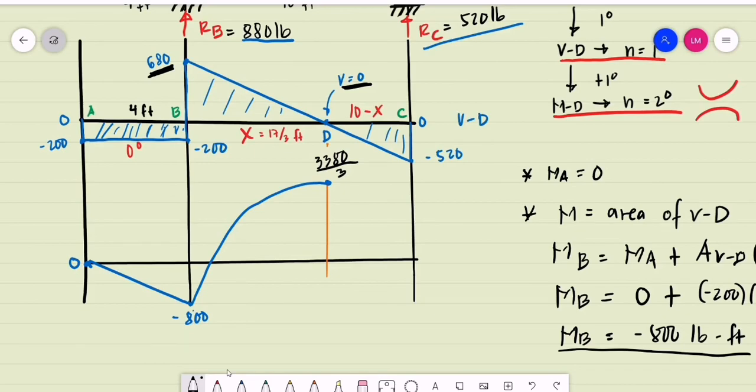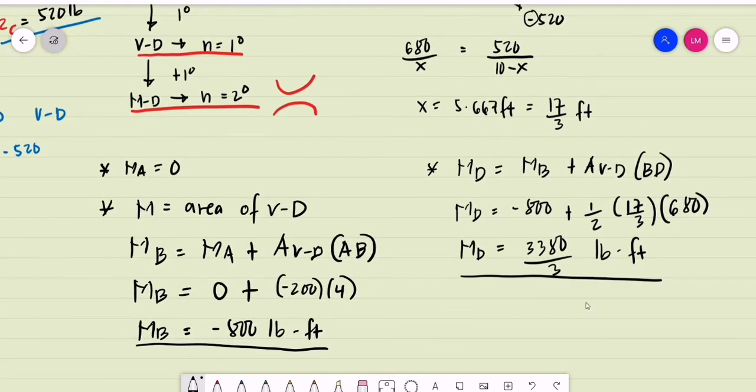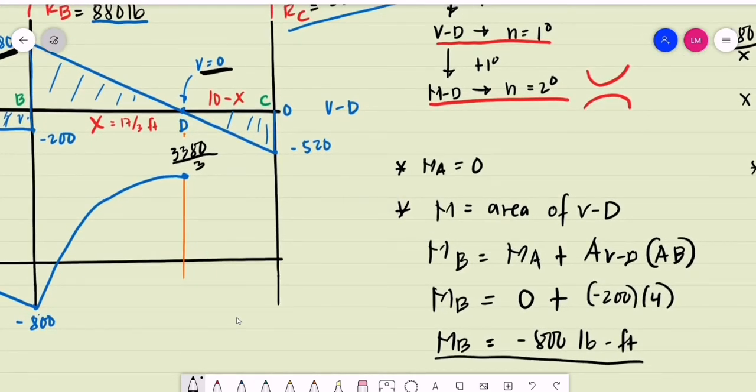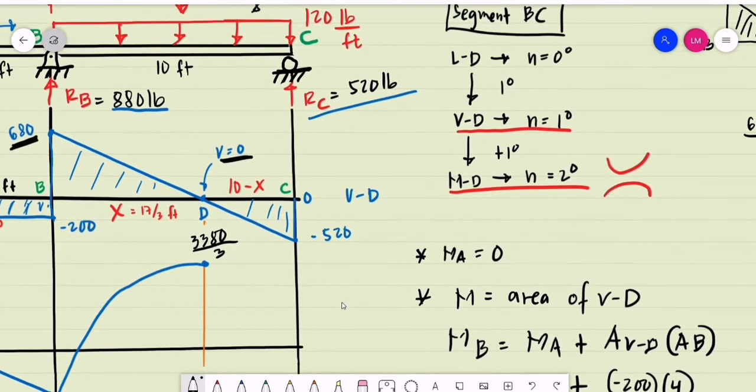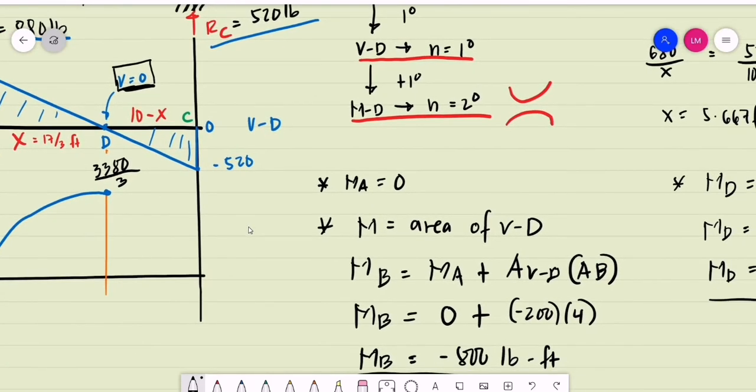That is the moment at D, the location of the 0 shear. That is more likely our maximum moment. In some cases, at the point of 0 shear, we can have the maximum moment. More likely, this is our maximum moment, the 3,380 over 3 pounds-foot.